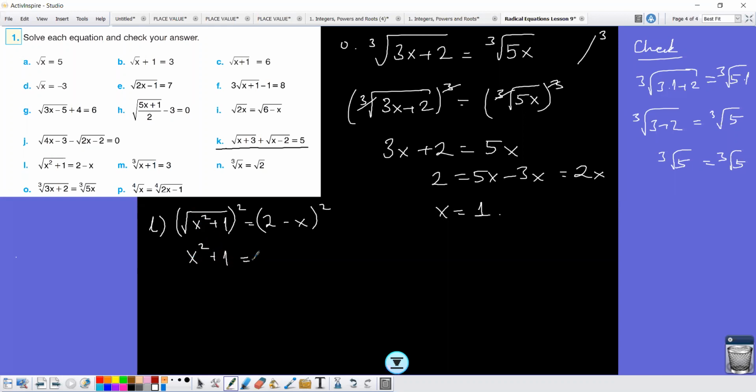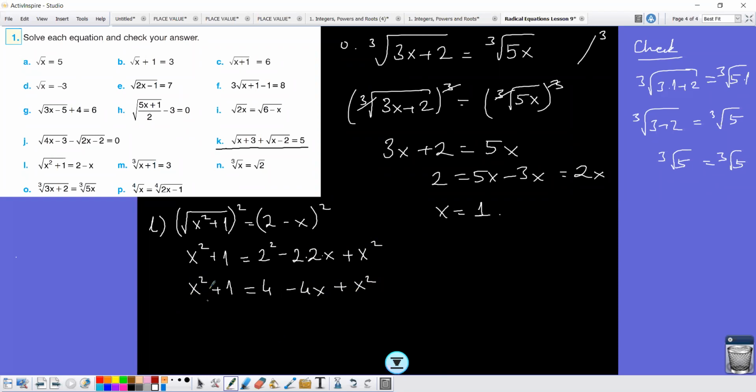And in the other side, it will be 2 to the power of 2 minus 2 times 2 times x plus x to the power of 2. Then let's write, we have x squared plus 1 is equal to 4 minus 4x plus x squared.